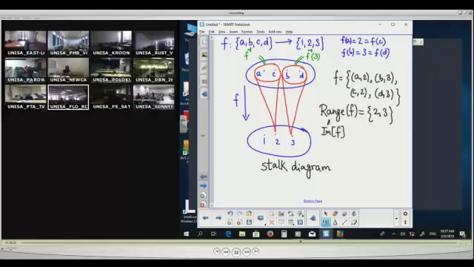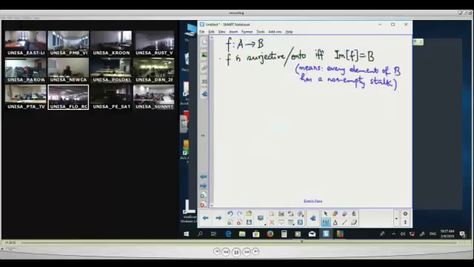So that means when every element of the codomain has a pre-image, that's when it is surjective. So everything has a stalk. And when the stalks are singletons, f is injective.